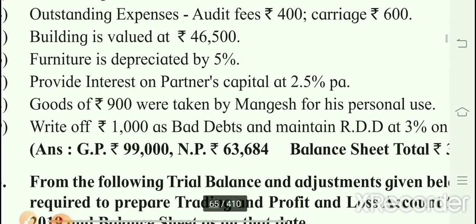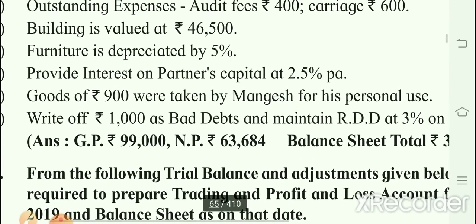Then next, goods of rupees 900 were taken by Mangesh for his personal use. Firstly, it will be recorded on the credit side of the trading account as goods taken by Mangesh for personal use, rupees 900. Second effect, we always deduct the drawings from the capital of partners.